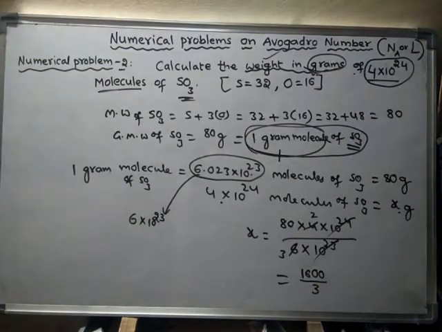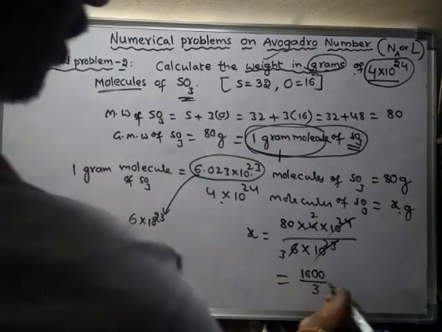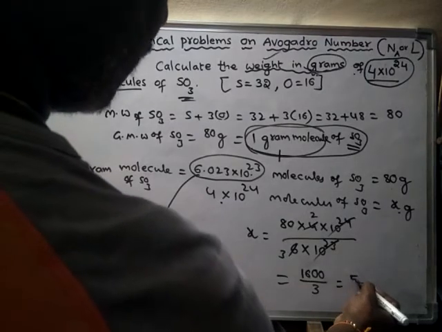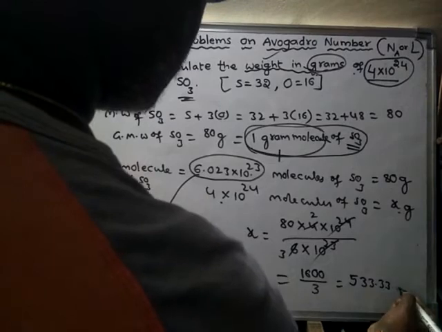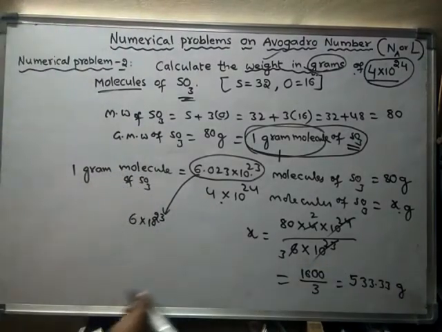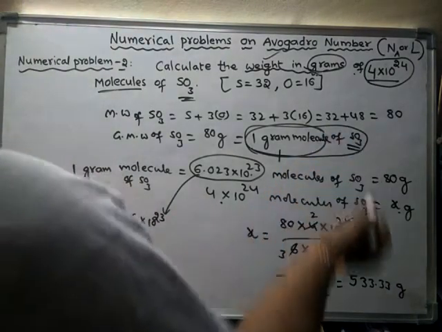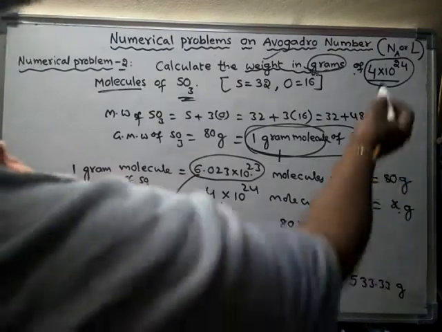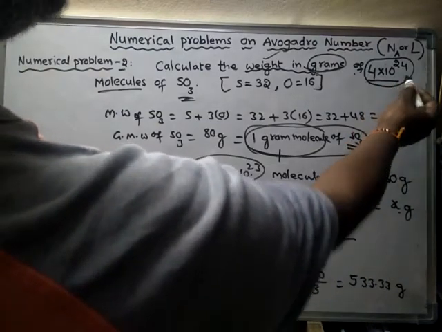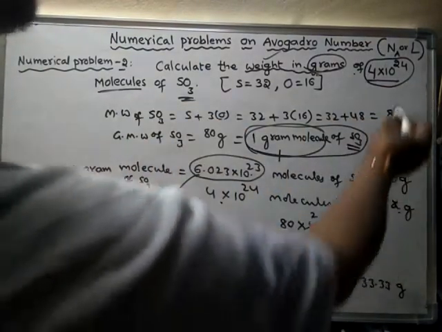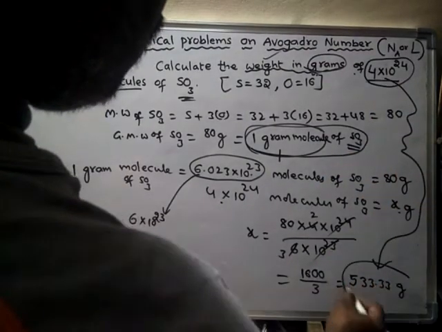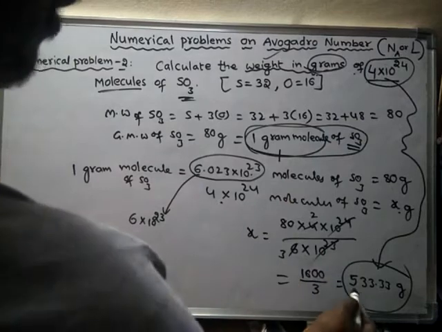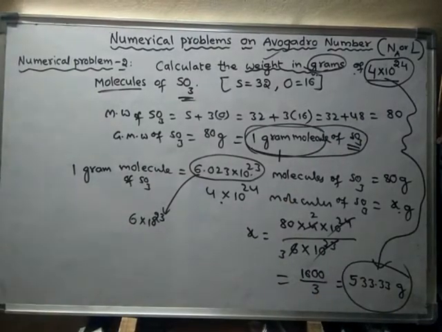So x is equal to 1600 by 3, which is around 533.33 grams. That means 4 into 10 to the power of 24 molecules of SO3 will weigh 533.33 grams.